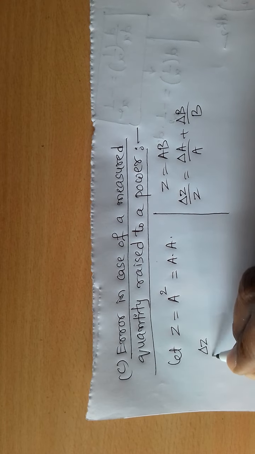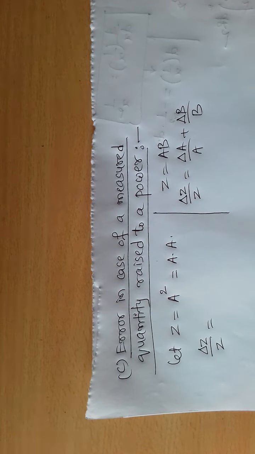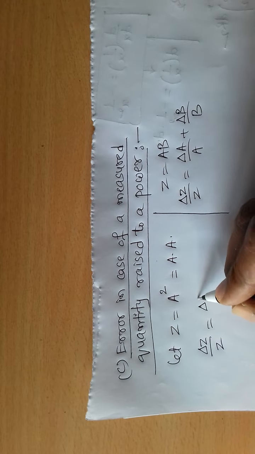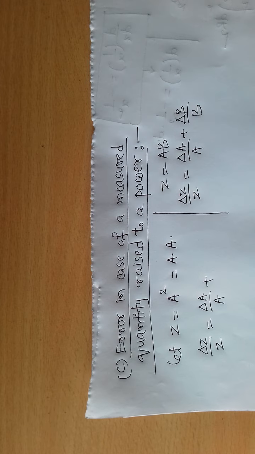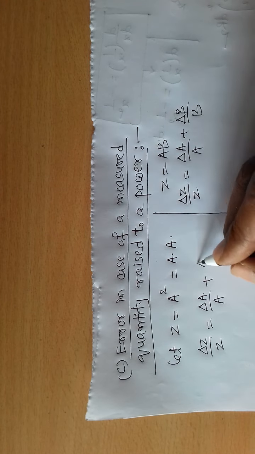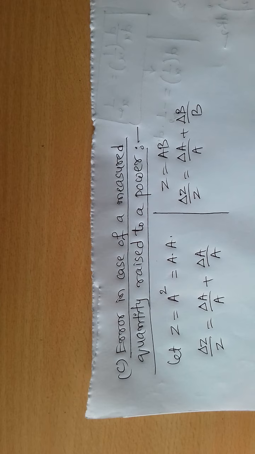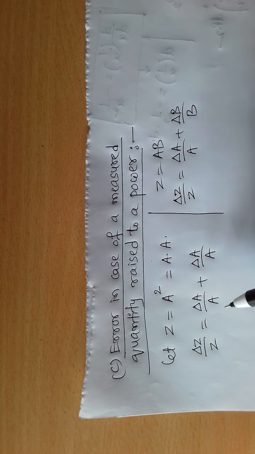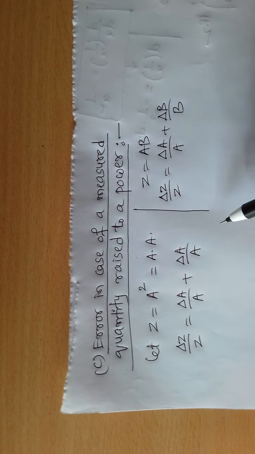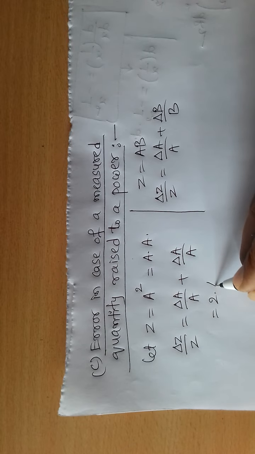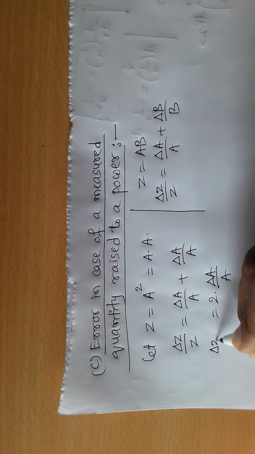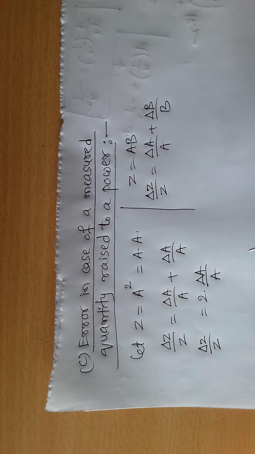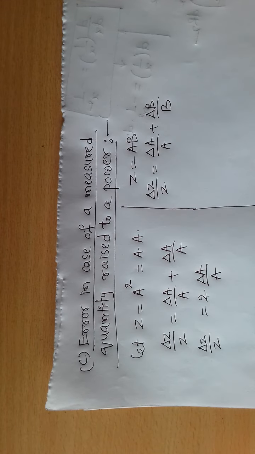Here you can write delta z by z is equal to, for a you write delta a by a plus, and for this quantity, since this is again a, you write delta a by a. Now what happens? Both delta a by a plus delta a by a, you get 2 into delta a by a. See here, this 2 is nothing but its power.